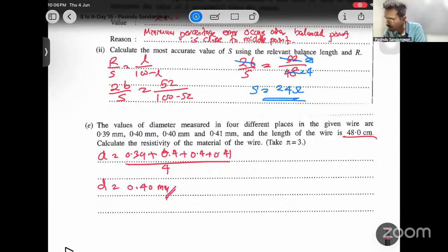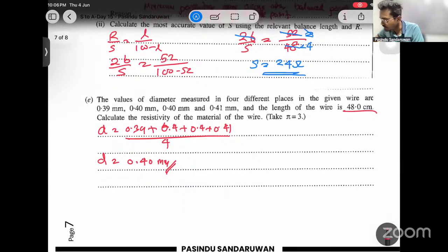Now the average diameter is known, and the length of the wire is 48 centimeters. Calculate the resistivity. Resistivity is given by R equals rho L over A.